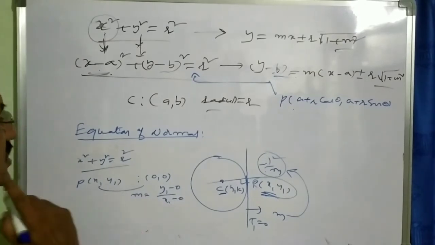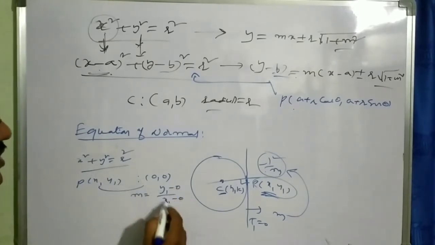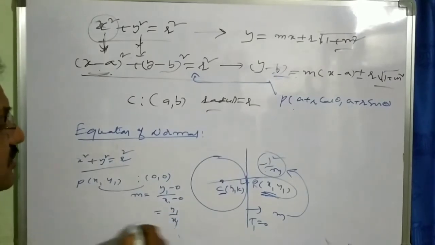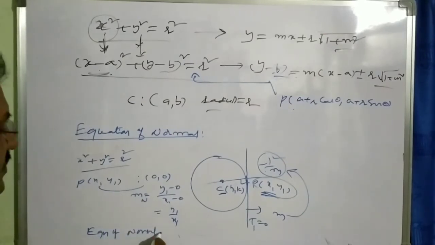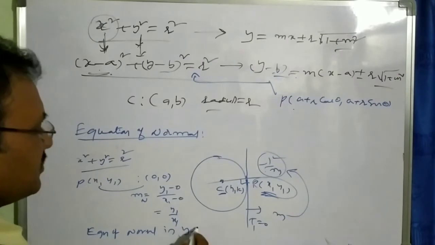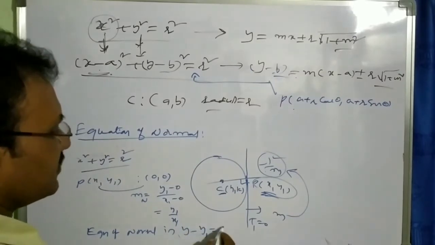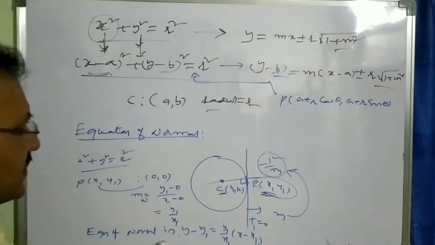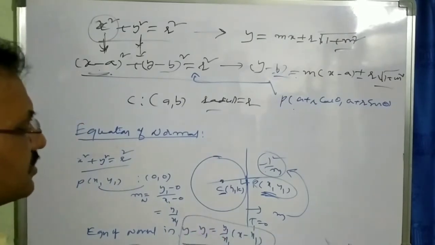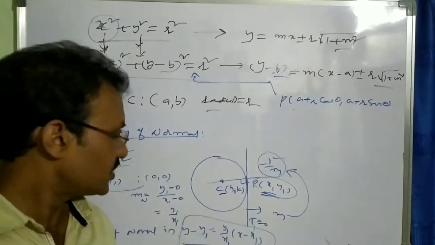That is, y1 by x1 is the slope of the normal. So the equation of the normal is y minus y1 is equal to m times (x minus x1), that is y minus y1 equals (y1 by x1) into (x minus x1). This is the equation of the normal. By simplifying you will get it. Okay.